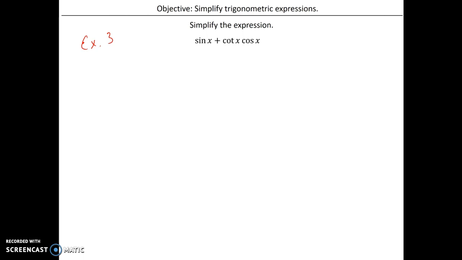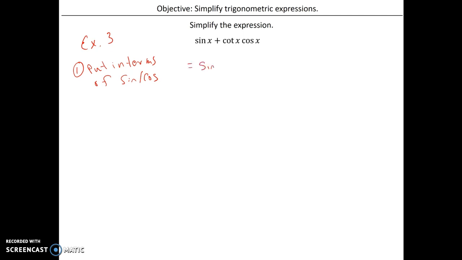So a good strategy, and we've seen this when we worked with the unit circle and had to calculate tangent and cotangent, is to put everything in terms of sine and cosine.